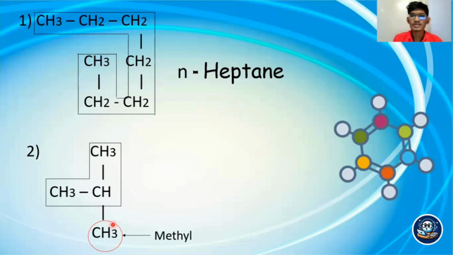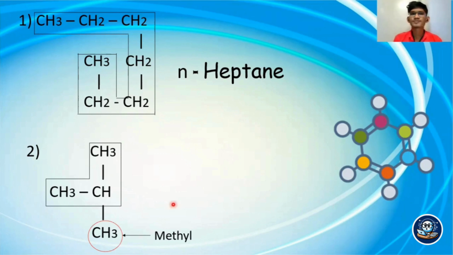Now, next thing, I have to check whether the methyl branch is on the second or second last carbon or not. Okay, so let us count 1, 2, 3. So yes, it is on the second or second last carbon.